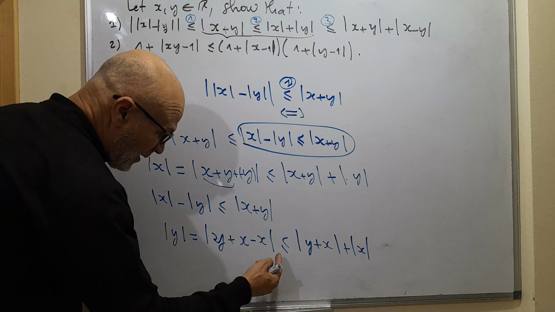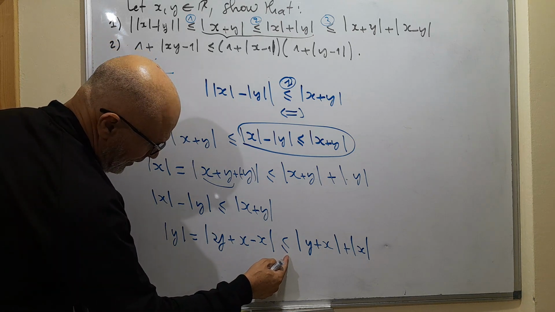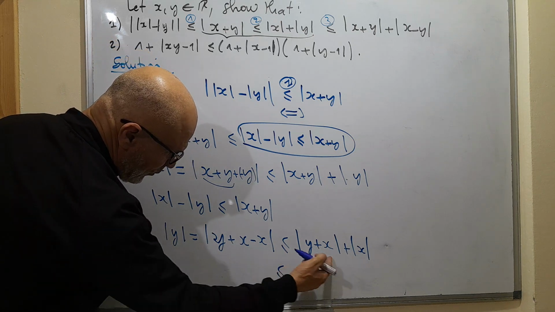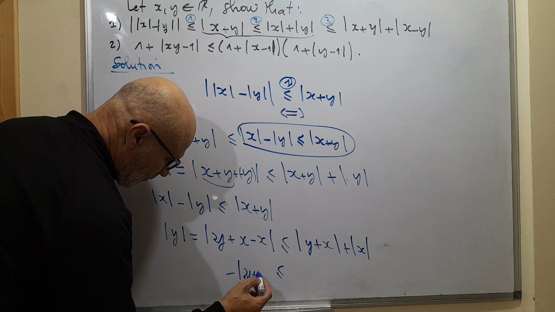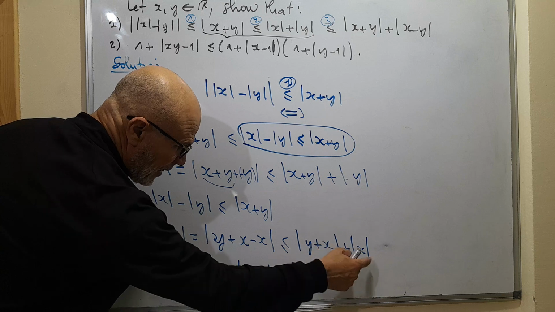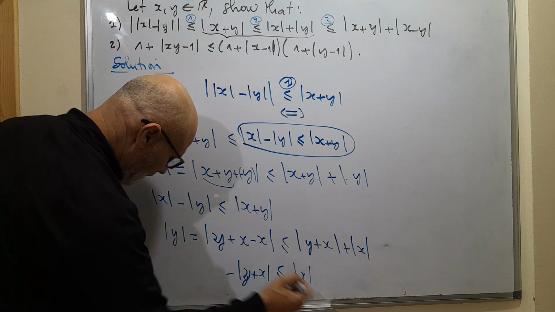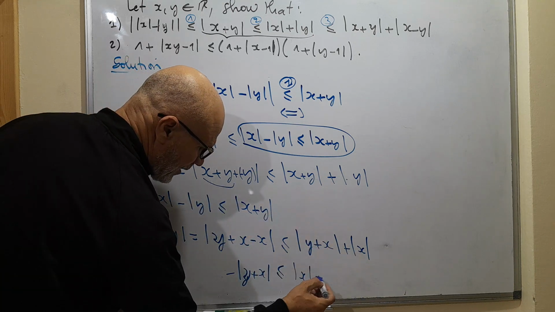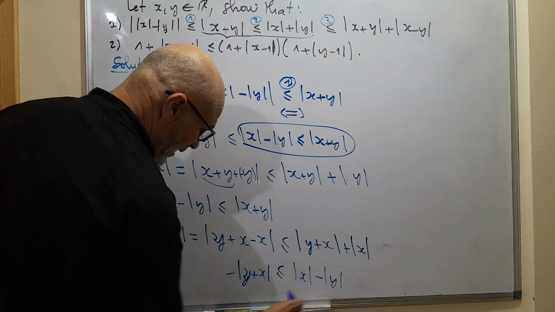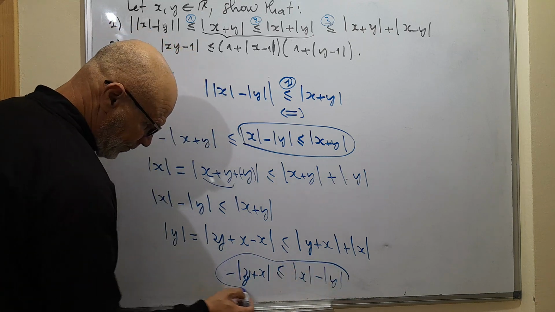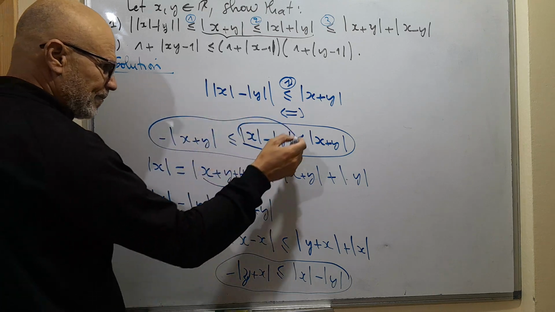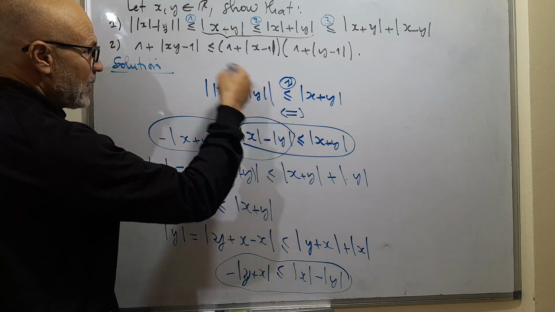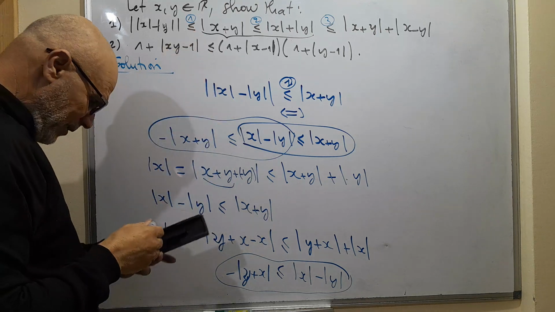What we can do with this inequality, we keep this here, and we take this from this inequality. This is equivalent to this, so 1, it's okay. Done.